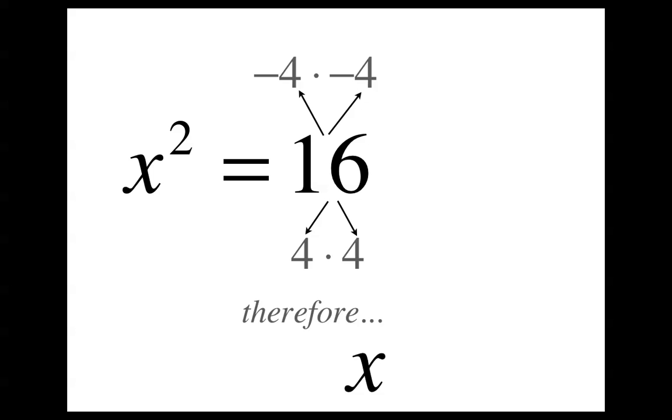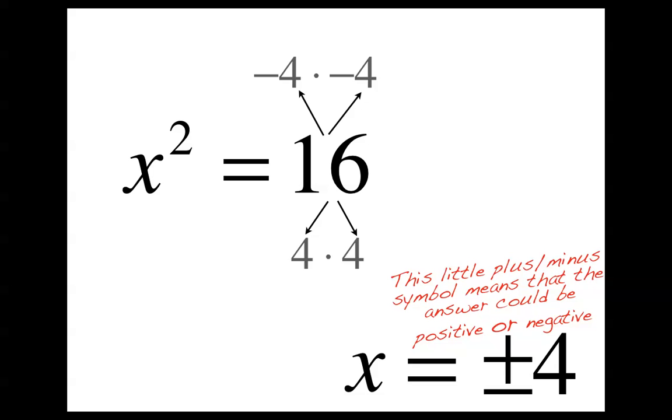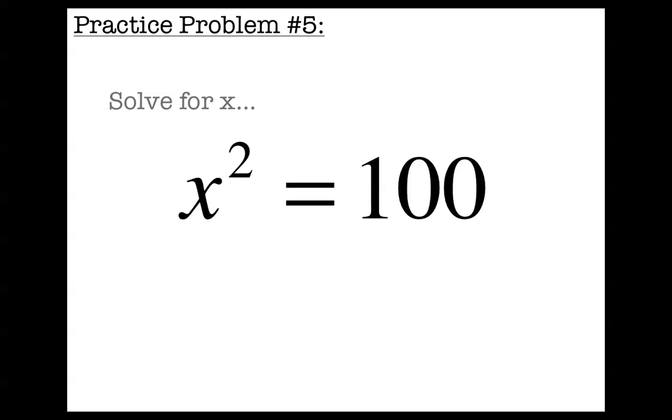So therefore, does x just equal 4? No, x could equal +4 or -4, and we use that little plus-minus symbol to mean that x could be 4 or -4. Tricky, huh? But it's true. All right, so try to tell me, what does x equal if x squared is 100? And I'll give you a hint. You should use that little plus or minus symbol.